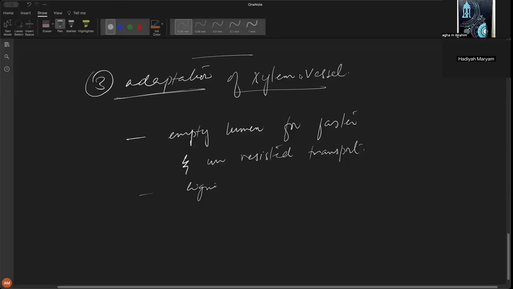All right. So we were already going through the xylem vessel. We were able to go through the structure and its function. We were writing about the adaptation. What is adaptation? You're going to come across this question a lot. How is a structure adapted?